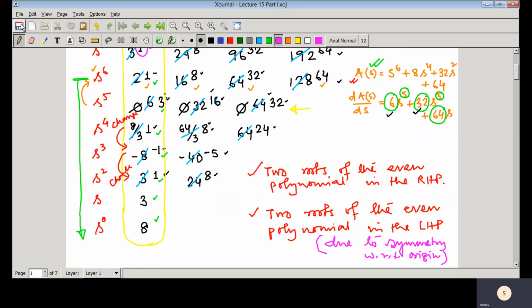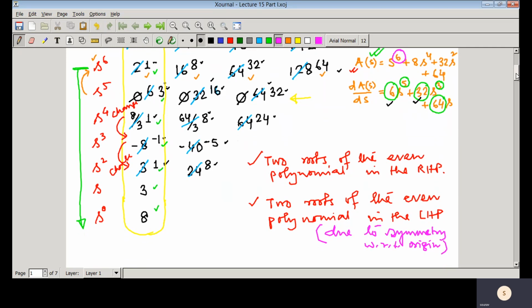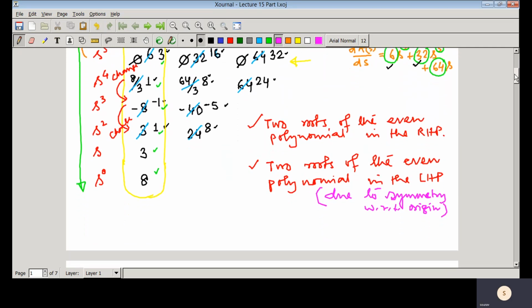so then we can see here the degree of the even polynomial is 6. So it has 6 roots. So we already get that 2 roots are in right half plane and 2 roots are in left half plane because of that symmetry. So the other 2 roots should be on the imaginary axis.